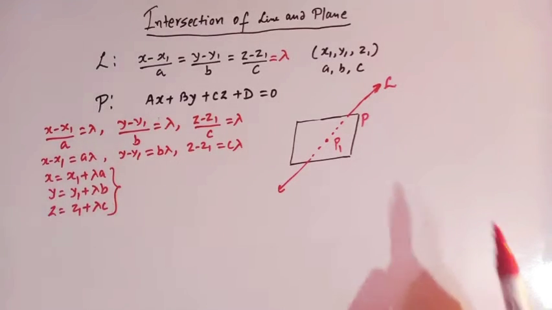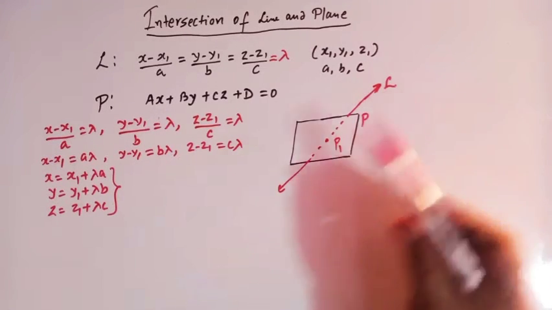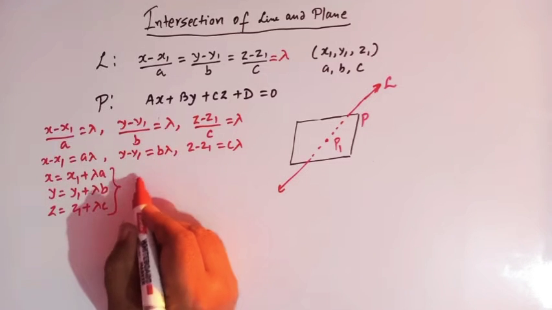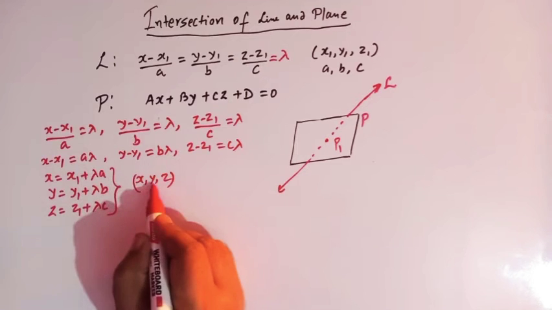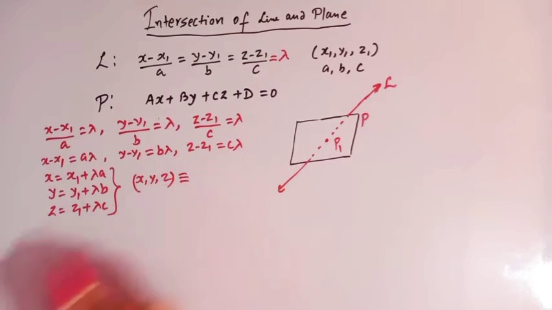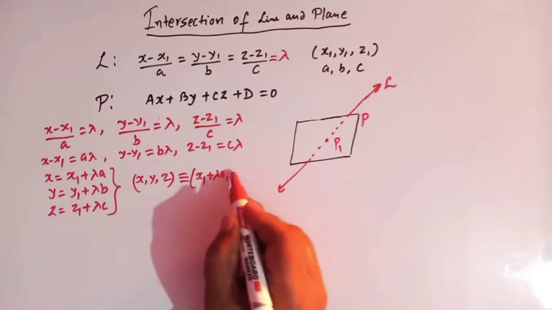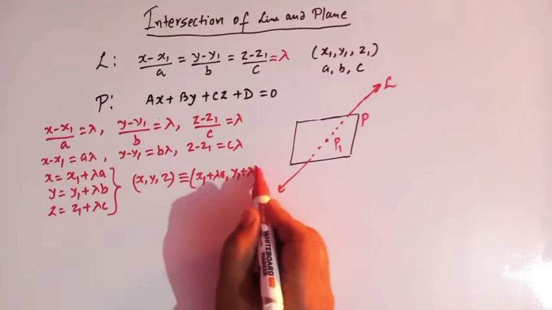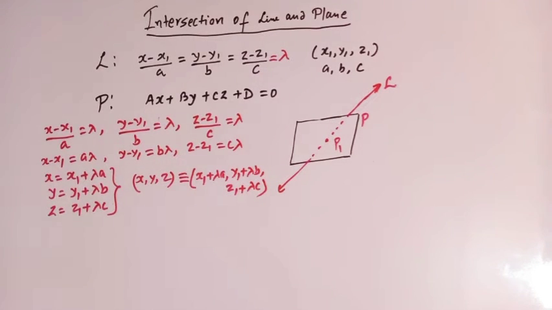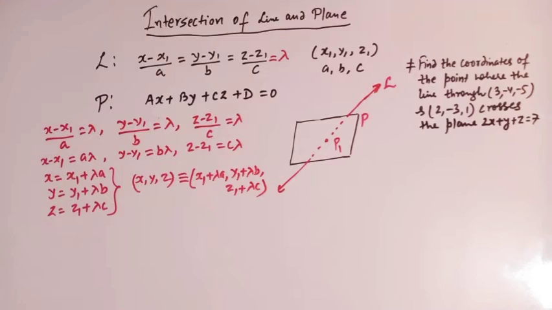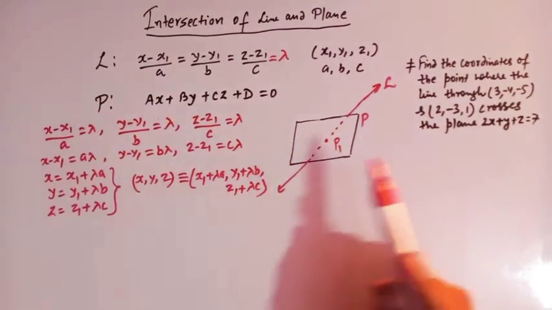So the point of intersection of the plane P and the line L has these coordinates, right? So the coordinates (x, y, z) are (x1 plus lambda a, y1 plus lambda b, z1 plus lambda c), right? Now let us take an example to explain this process, right?